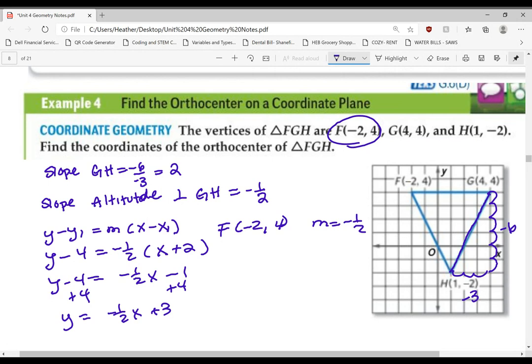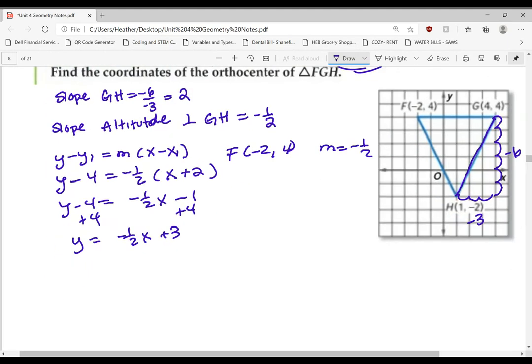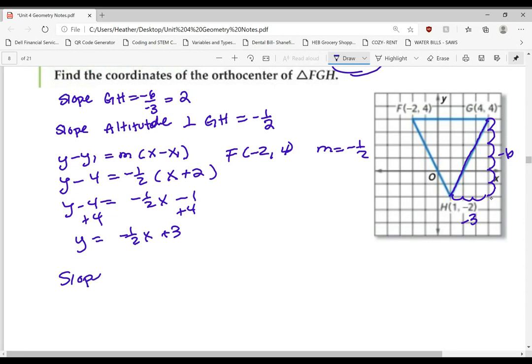Now we need to find the equation of the altitude from G to FH. We know the slope of FH, so we're doing the whole thing over for something else. FH is 1, 2, 3, 4, 5, 6, so negative 6, and then right 3. So this is negative 6 over 3, which is negative 2. The perpendicular of that is going to be 1/2.